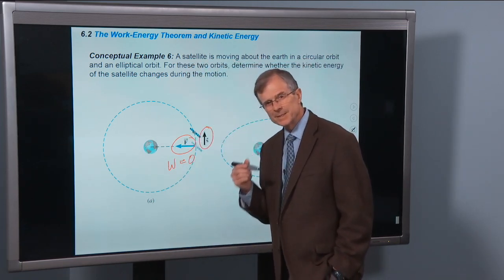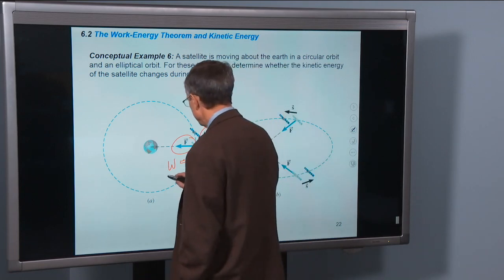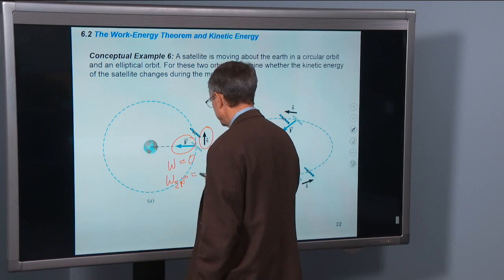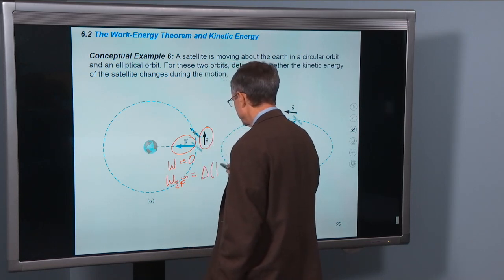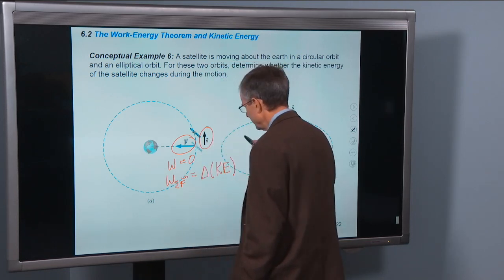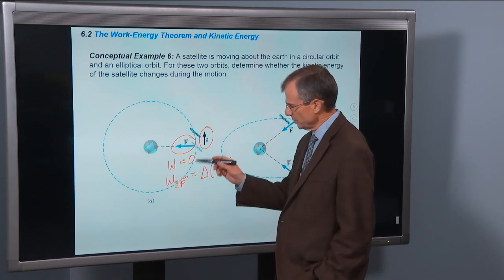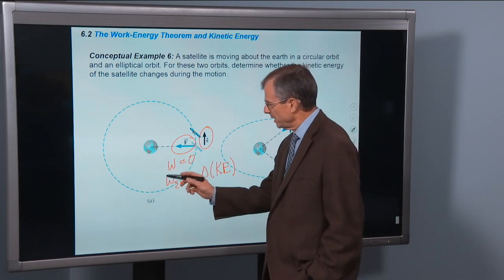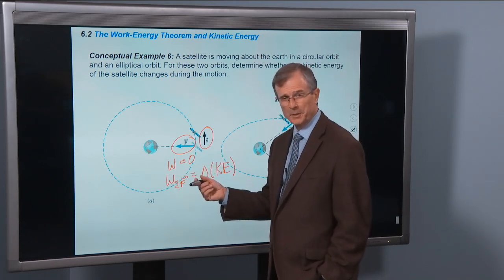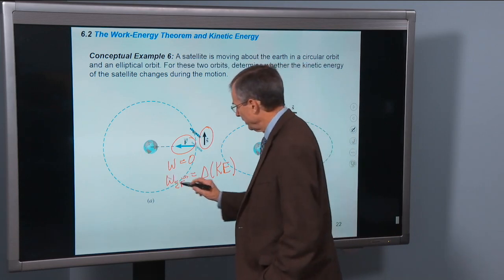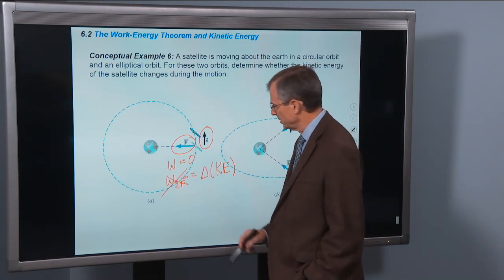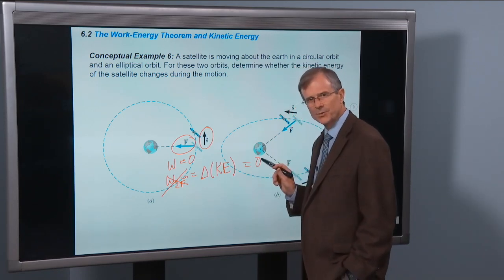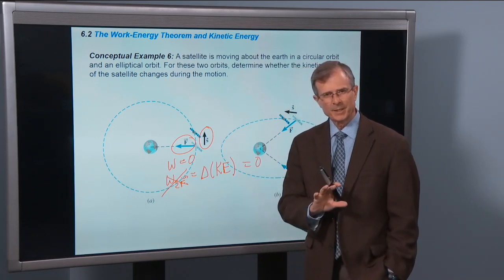And the satellite, by the work-energy theorem, there's only one force acting on the satellite, it's gravity. So the work done by the net force is nothing other than the work done by gravity. That work is equal to 0, which means that the change in the kinetic energy is going to be 0. What does that say about the kinetic energy?